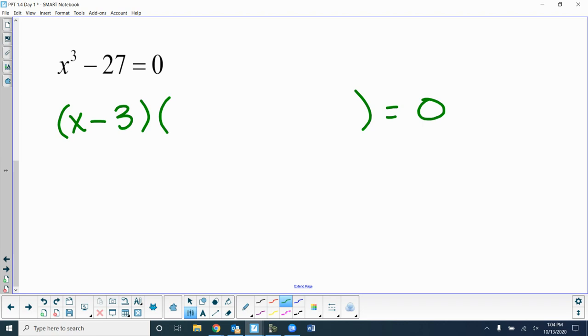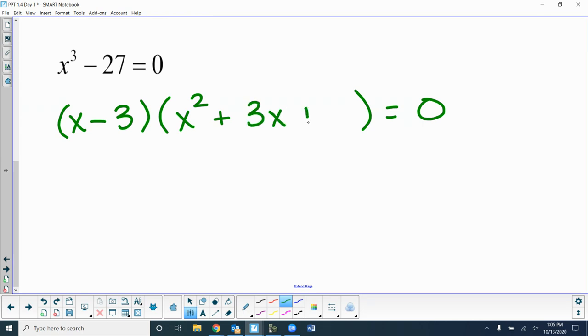So what's x times x? x squared. The sign of the middle term of your trinomial is always opposite what's in between the binomials. So since this is subtraction, this middle one's the opposite, so that's addition. And all you do is multiply those two terms. What's x times 3? 3x. That's how you get the middle.